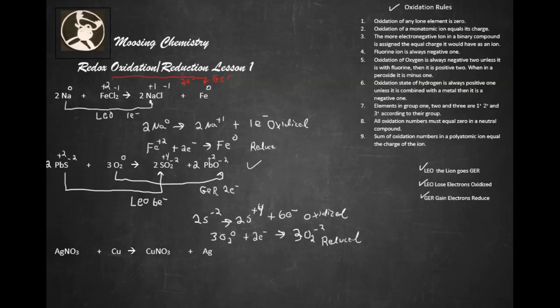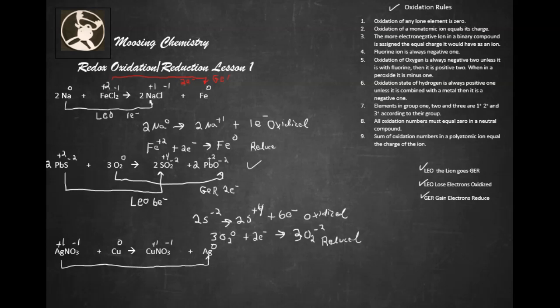AgNO3, so Ag has a plus 1, NO3 has a minus 1, copper has a 0, copper has a plus 1 here, and a minus 1 there, and Ag has 0. So in this case, Ag is going from a plus 1 to a 0.